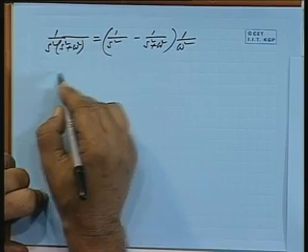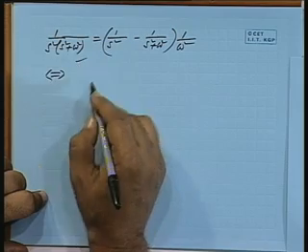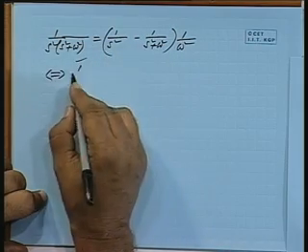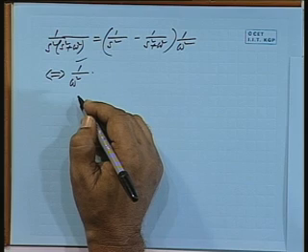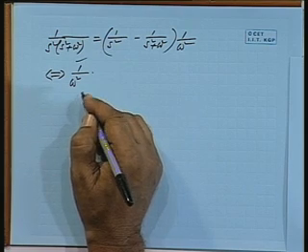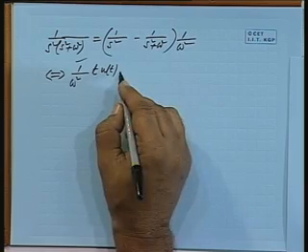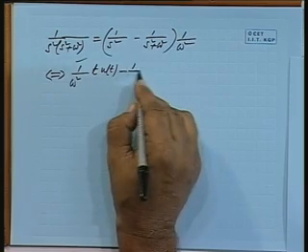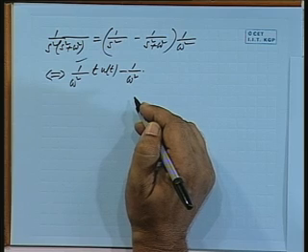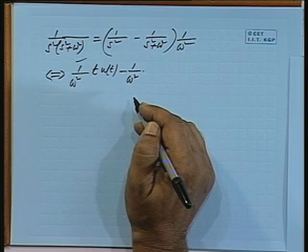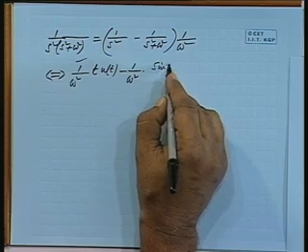So the corresponding inverse: 1 by s square is the Laplace transform of what? The ramp function t into ut. And 1 by s square plus omega square is sin omega t by omega.